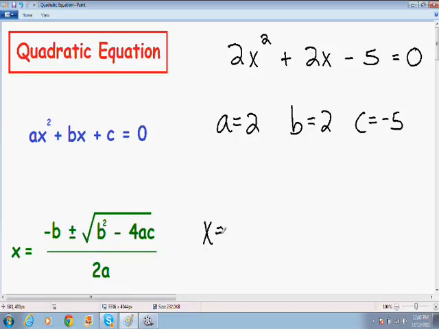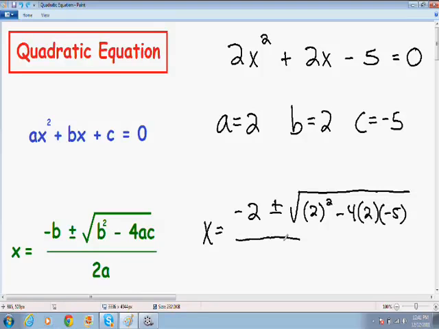So we have x is equal to negative b. Our b is 2, so negative b would be negative 2, plus or minus the square root of b squared, which is 2 squared, minus 4 times a, which is 2, multiplied by c, which is negative 5.